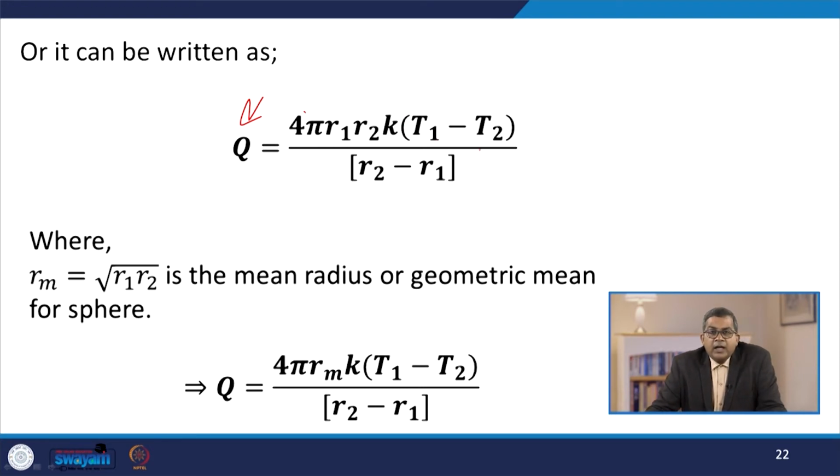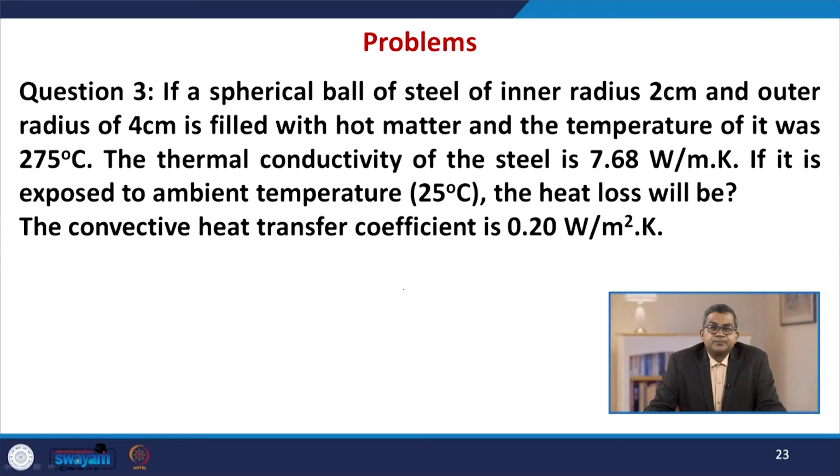Now where Rm is equal to square root of R1 R2. This is the mean radius or geometric mean for a sphere. So if we write this into this equation, it becomes Q is equal to 4 pi Rm K into T1 minus T2 upon R2 minus R1.